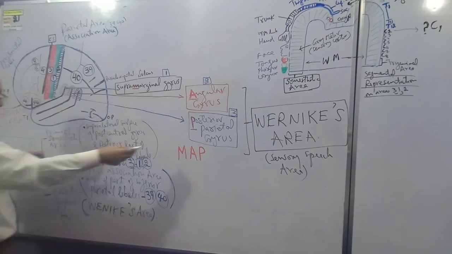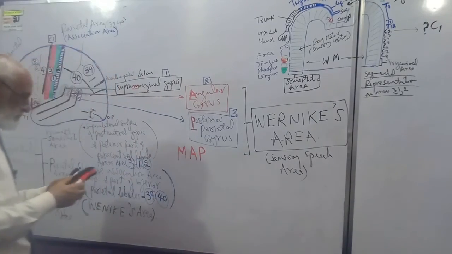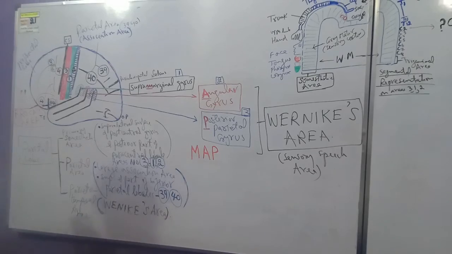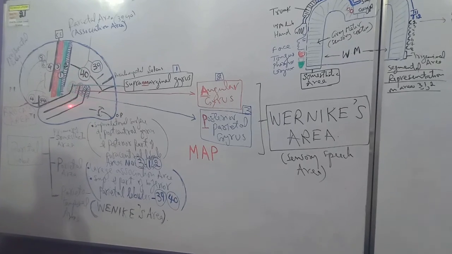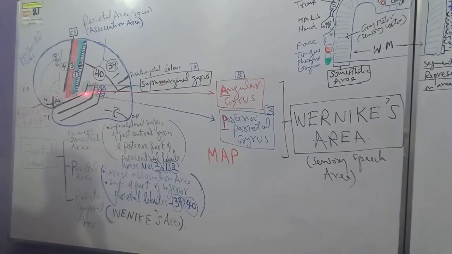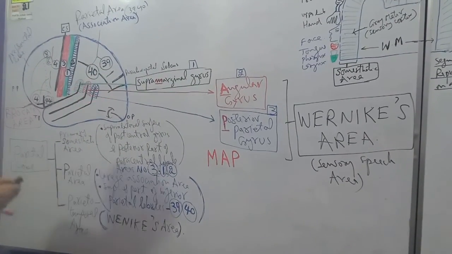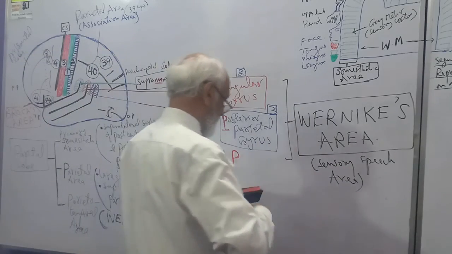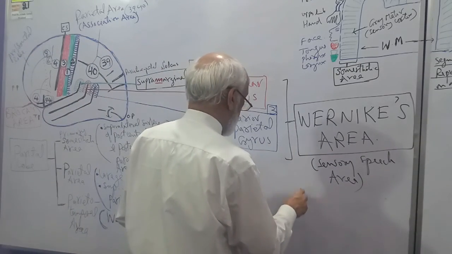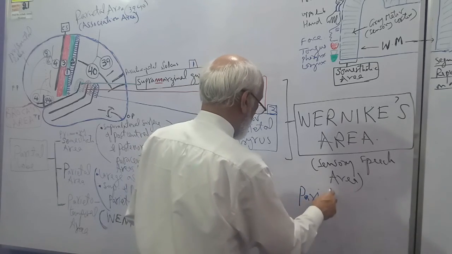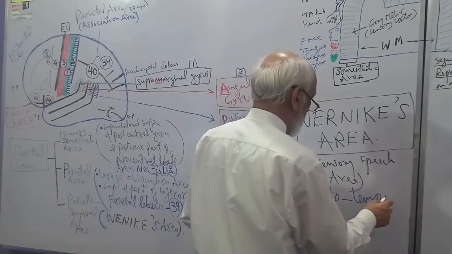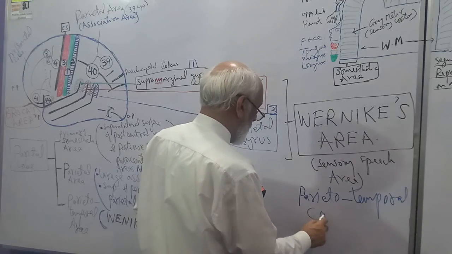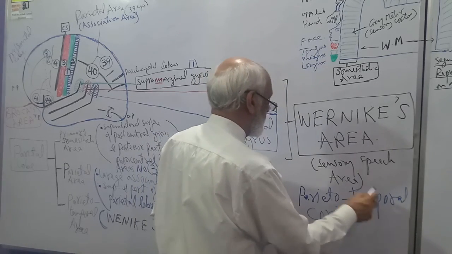And here is the sensory speech area, Wernicke's area. Wernicke's area is at the junction of the parietal lobe and temporal lobe, the lower part of the parietal lobe and posterior part of the temporal lobe. This is why it is also labeled as the parieto-temporal cortex, part of the parietal lobe and part of the temporal lobe.